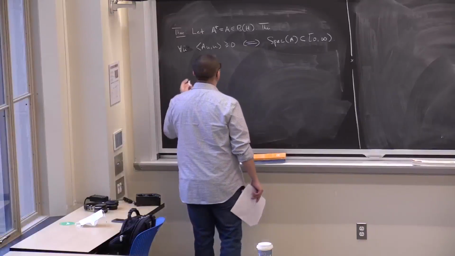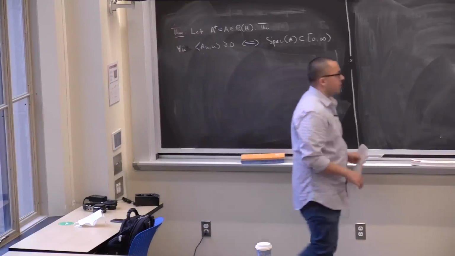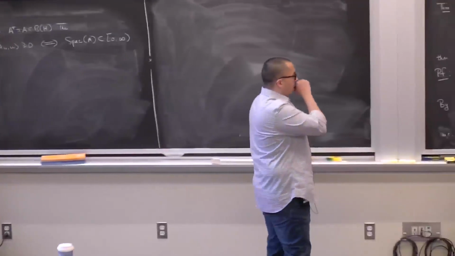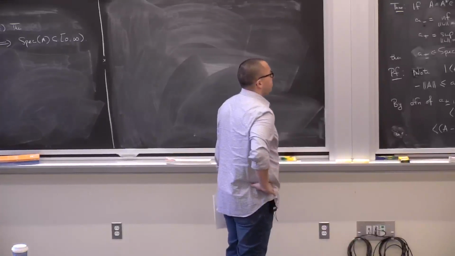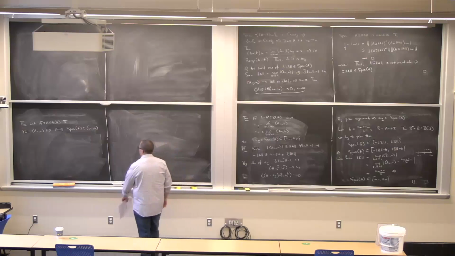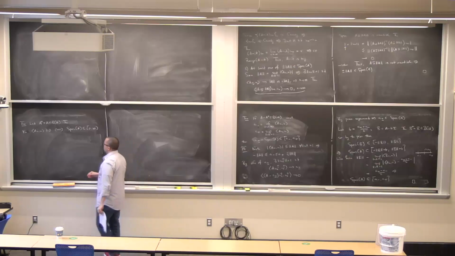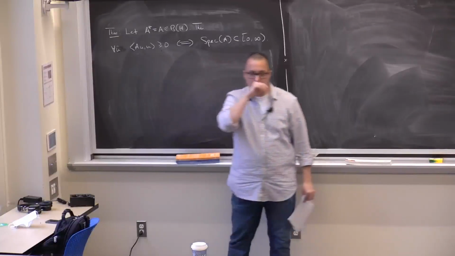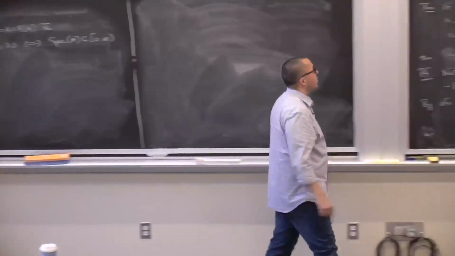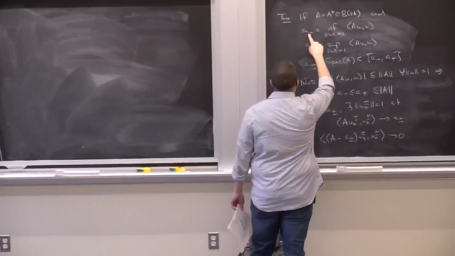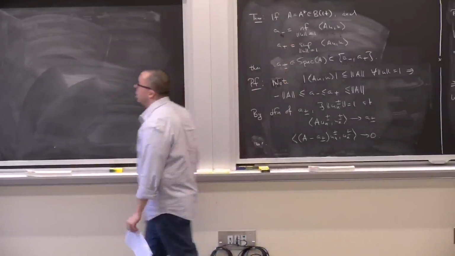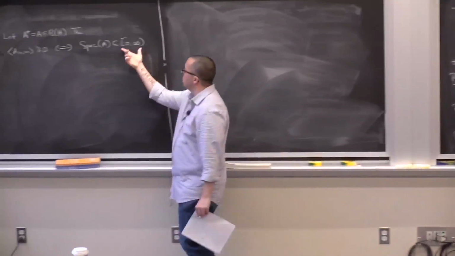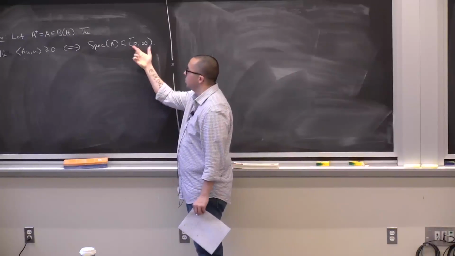So I'm not even going to write out the proof. I'm just going to talk my way through it. Let's suppose that the inner product of Au with u is non-negative. Then this number A minus is non-negative, and therefore the spectrum is contained in [A_-, A_+], which is a subset of the non-negative real numbers.